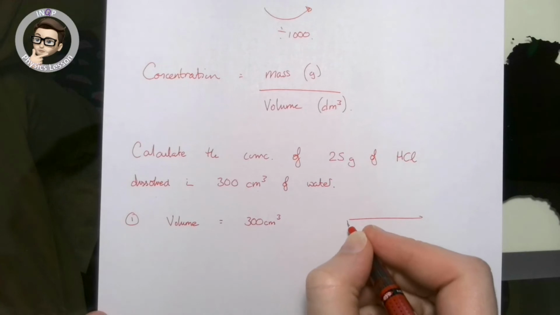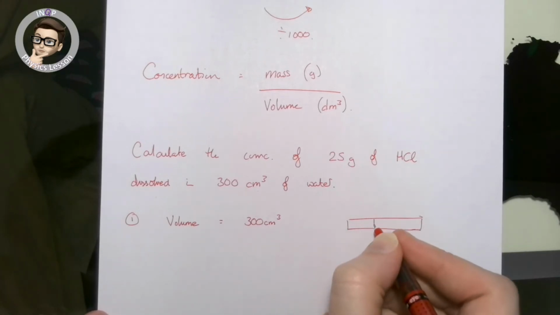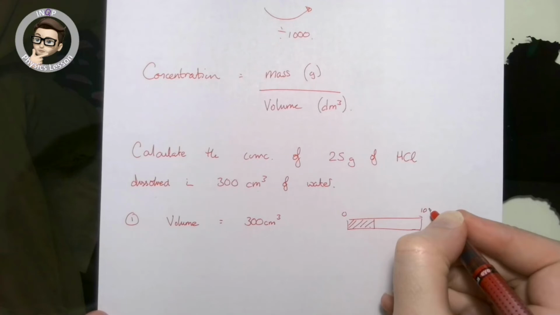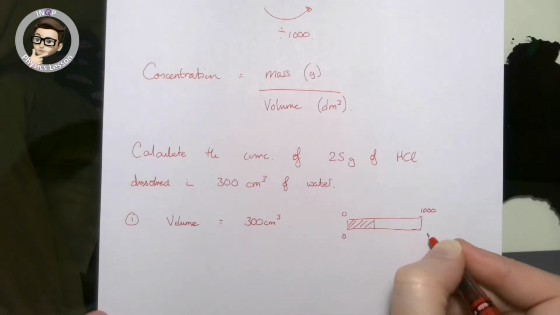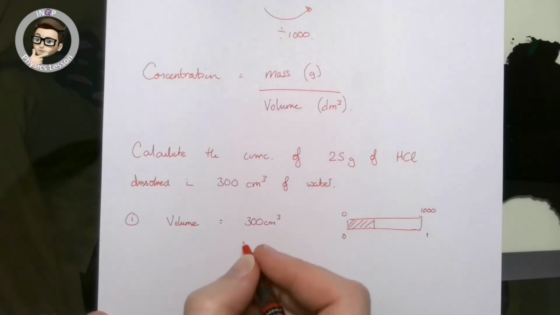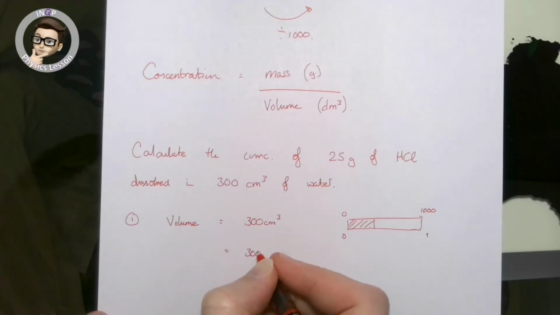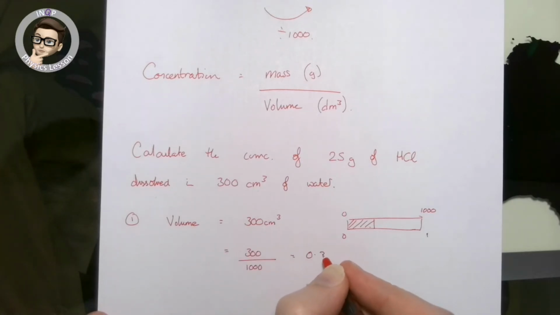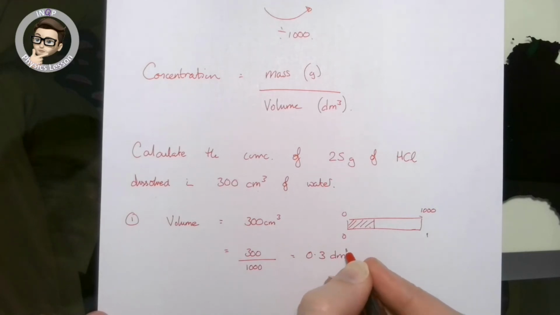So remember that if this is my 1,000, what we're actually saying is we've got this much. Well, if that is 0 and that is 1,000, or that is 0 and that is 1, then that must be less than 1. So we're going to do 300, divide that by 1,000, which will give us 0.3 decimeters cubed.